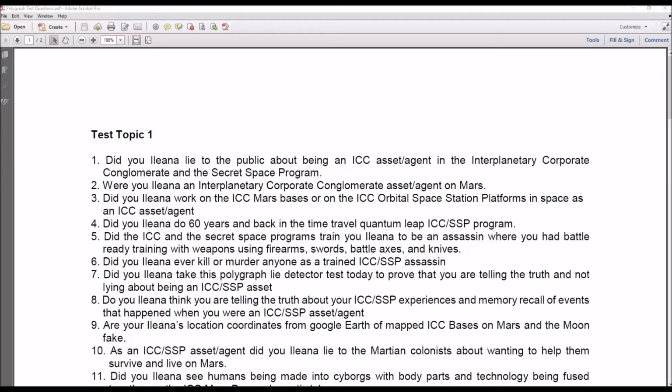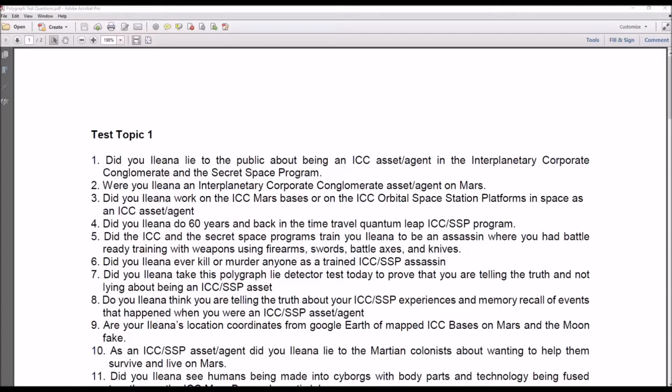Spend time on your questions, because if you want to get the right answers to what happened to you in the SSP ICC, you need to formulate very good questions. It's like this: ask the right questions and you get the right answers. So just keep that in mind.